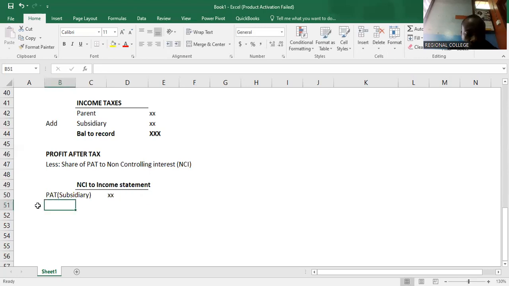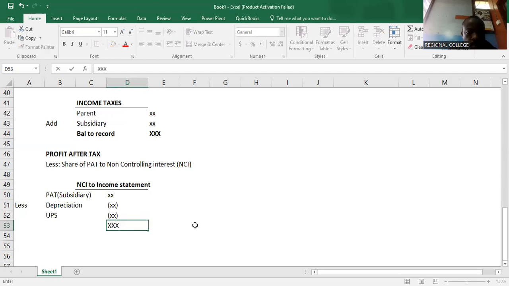Then I check the value of my depreciation, so I less depreciation. Then I also less UPS, the unrealized profit on stock. Then that one will give you a certain figure down there.